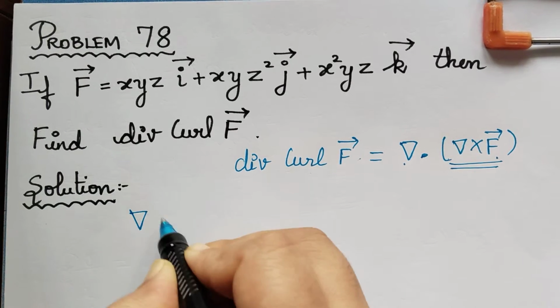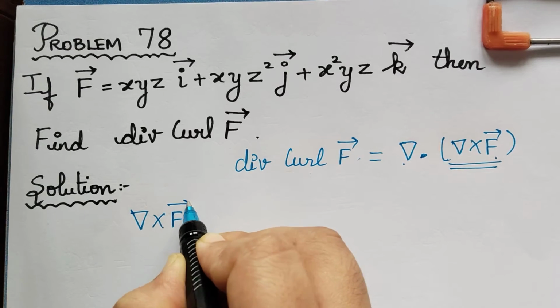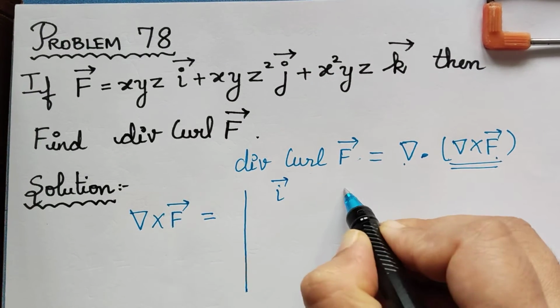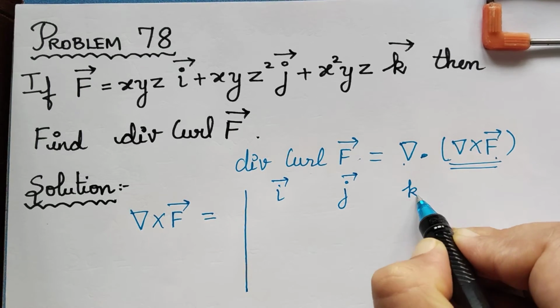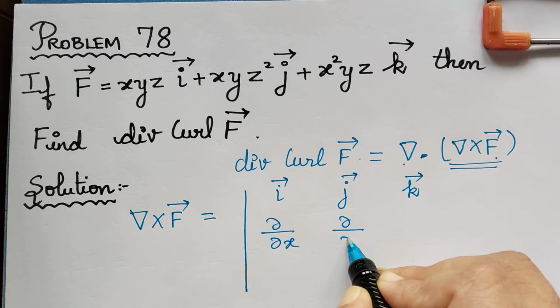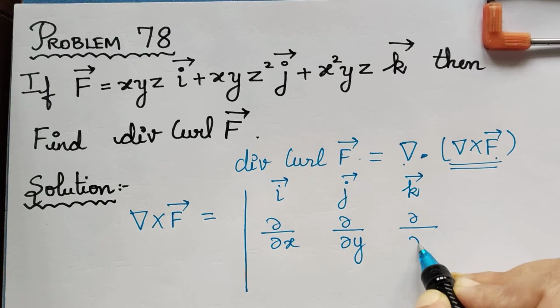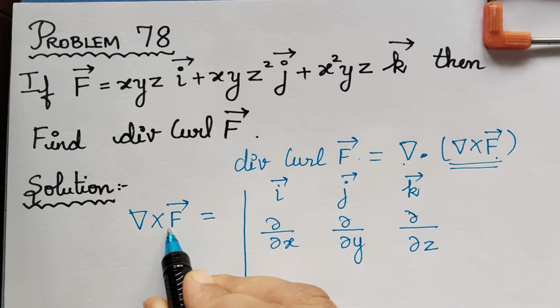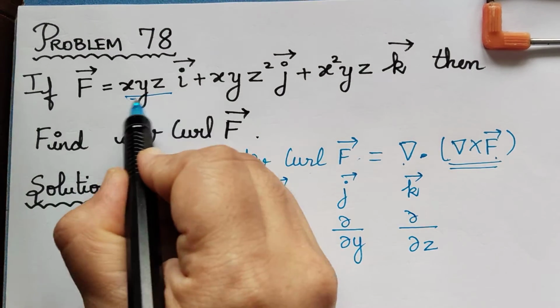We know that nabla cross f vector is given by the determinant i vector, j vector, k vector, and dou by dou x, dou by dou y, dou by dou z. And here we have to write the ith component of f vector, which is xyz.